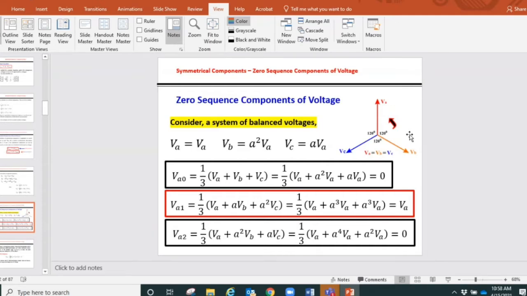B. Then after B, what will come to me? VC. Then it will be VA. So BCA, meaning I will see ABC.